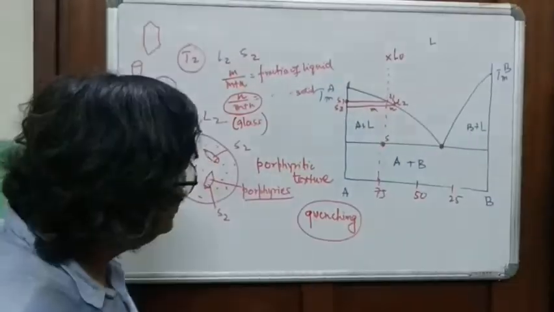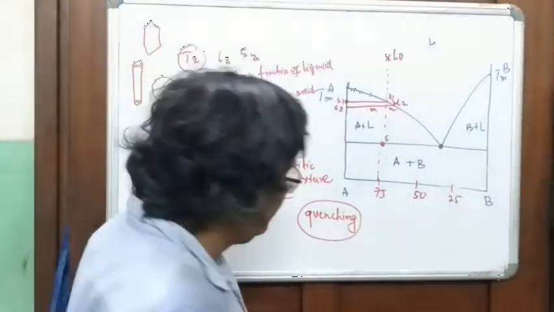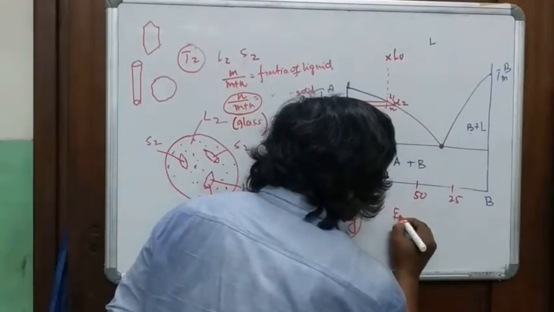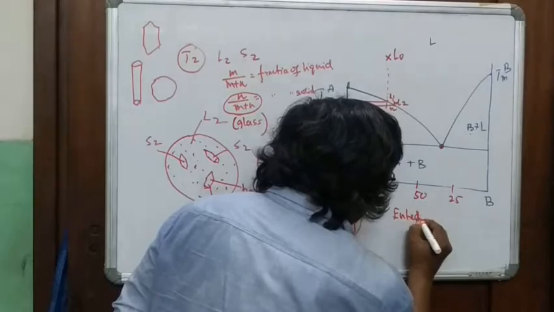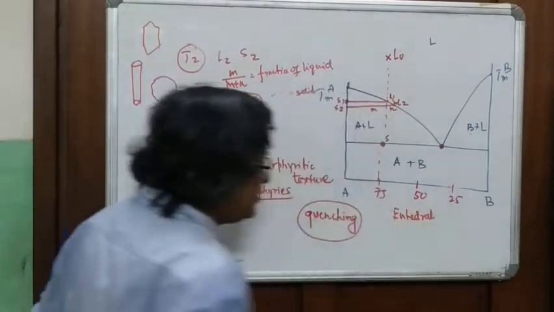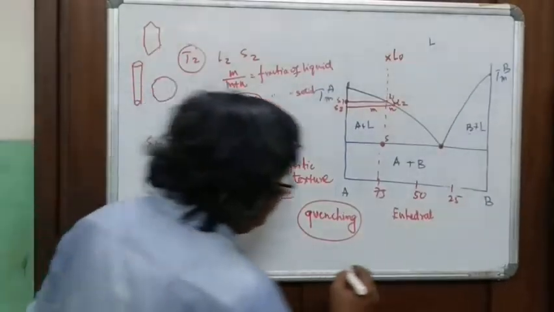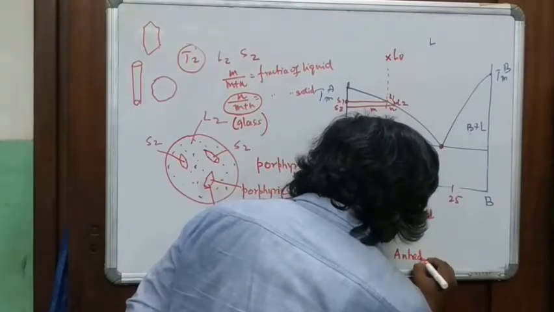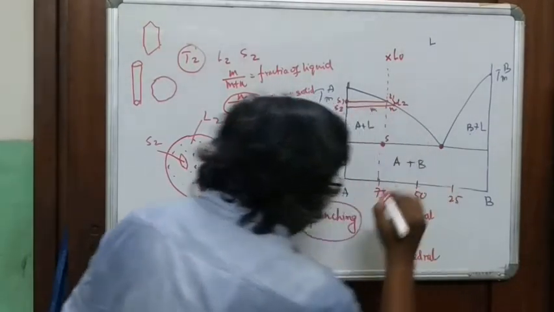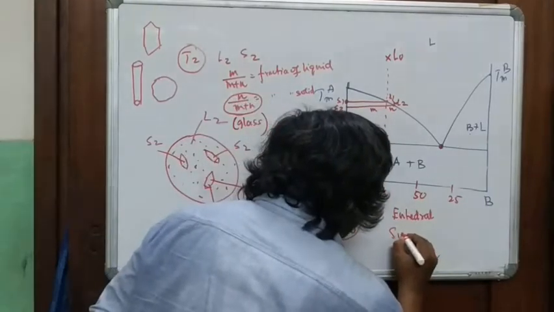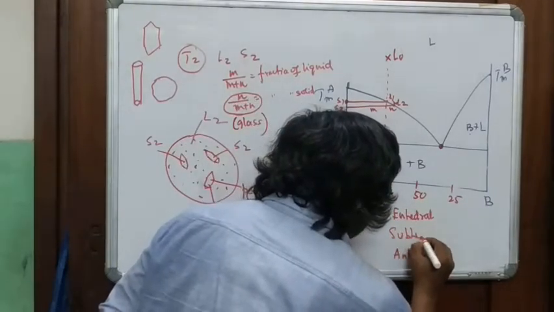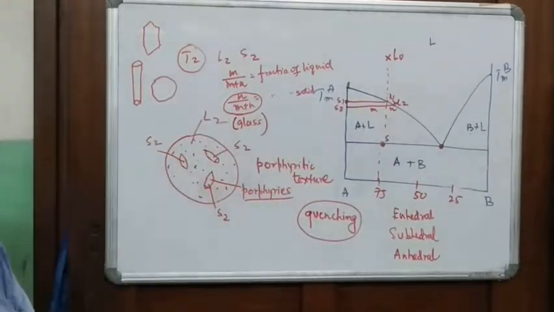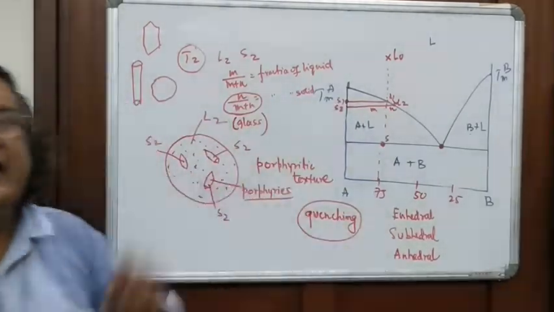So what happens? There are three types of crystals. One is called euhedral crystals. Then you have anhedral crystals. And then you have subhedral crystals. These are the three terms used: euhedral, subhedral, and anhedral.